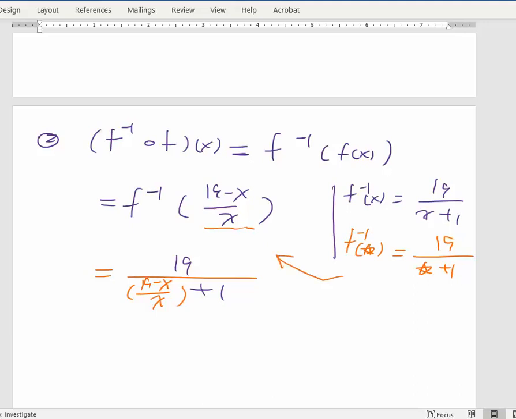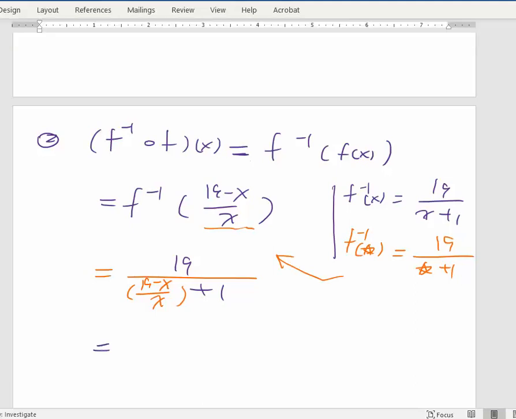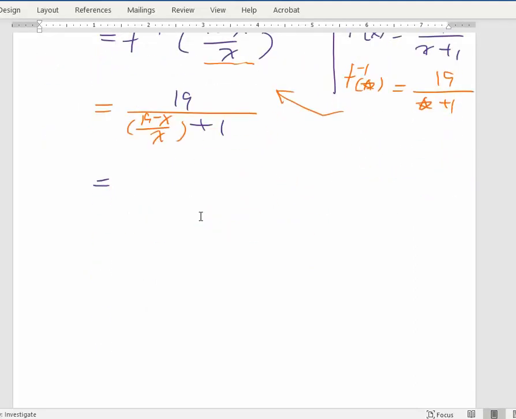The rest is just a little simplification. This is a complicated fraction, so I will have to simplify this one.